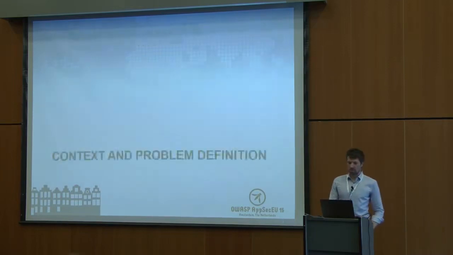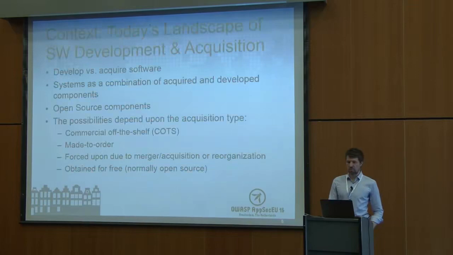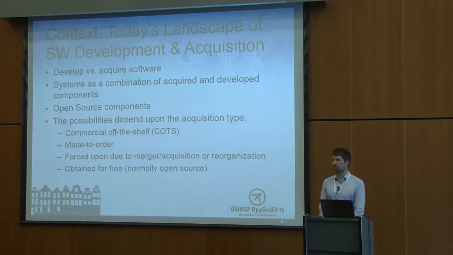What we see as the context of this is that today's landscape of software development is a combination of acquiring components through different ways and developing components. And sometimes you have whole solutions that are developed or whole solutions that are acquired. And so there's different types of acquisitions. So there's the commercial off-the-shelf software.